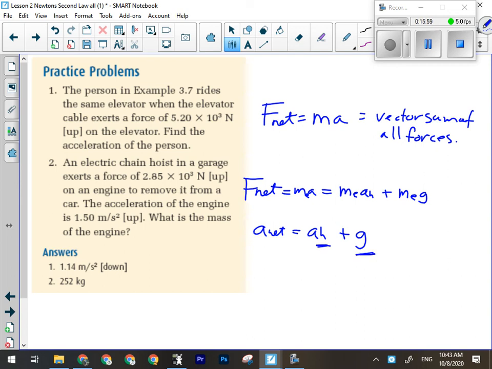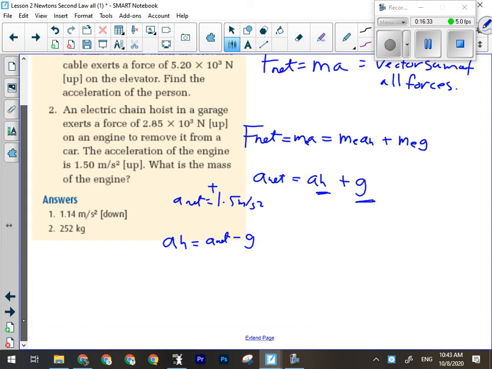So I know that this number, A net, my net acceleration, is 1.5 meters per second squared, and I'm going to say that's positive because it's up. What's G? 9.81. All right, so I also know that. Can I find the acceleration that the hoist produces alone? I can. So the acceleration of the hoist equals the net acceleration minus the acceleration due to gravity.